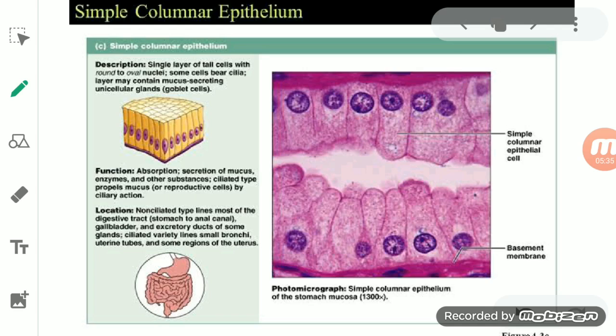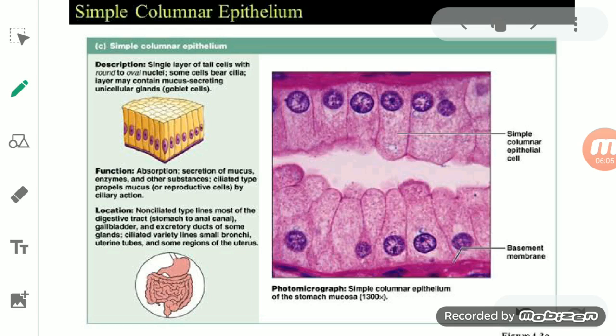This proves that the brush border columnar epithelium has a large surface area, and since it has a large surface area, it helps in absorption. Okay, so it helps in the absorption of material. On that basis, it is present at those portions where absorption can take place.